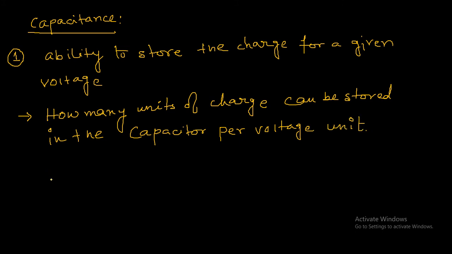So let's understand it. We know Q equals CV. Now if we further simplify it, C equals Q by V. So let's say if I apply a potential difference of 1 volt and it stores 1 coulomb of charge, then it defines 1 farad.